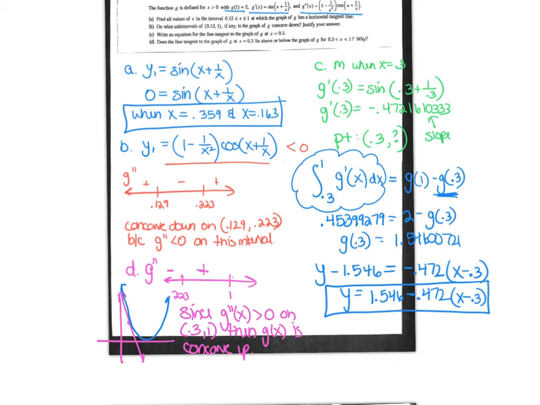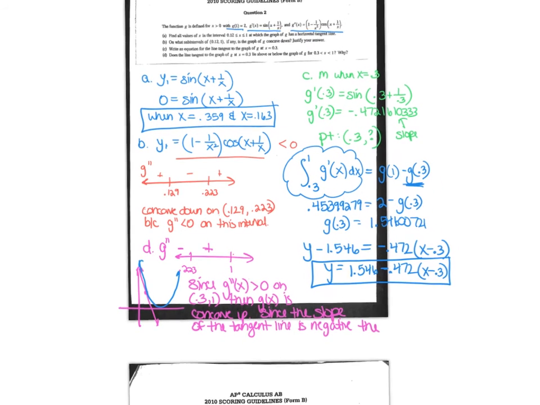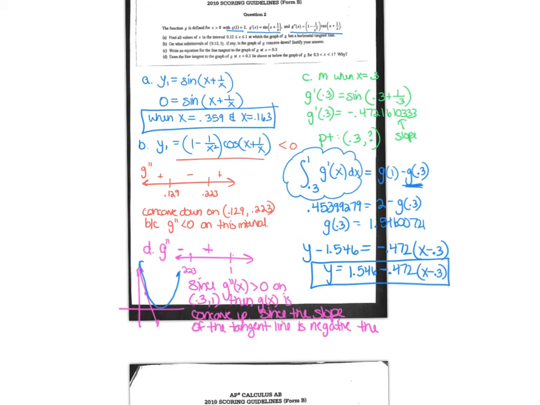And since the slope of the tangent line is negative, the tangent line is under the curve.